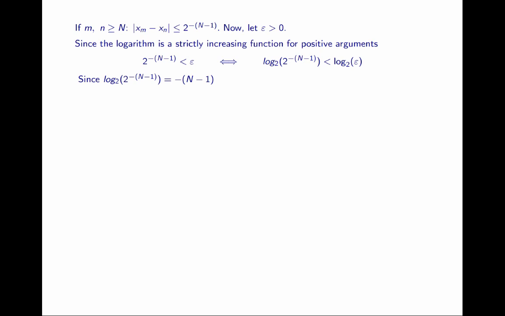And what is the base 2 log of 2 to the negative n minus 1? Well, remember what the base 2 log is asking. It's asking what power of 2 equals 2 to the power of negative n minus 1. Well, of course, negative n minus 1. 2 to the negative n minus 1 equals 2 to the negative n minus 1.